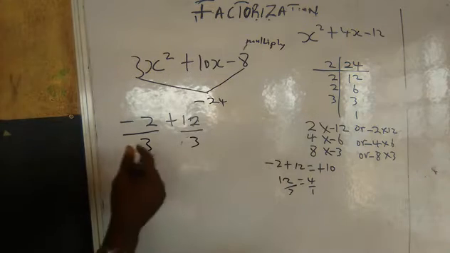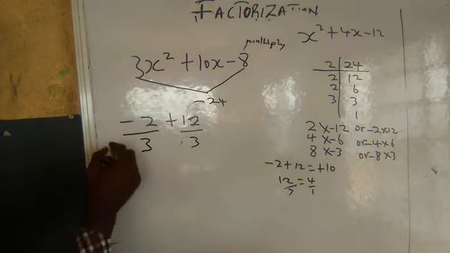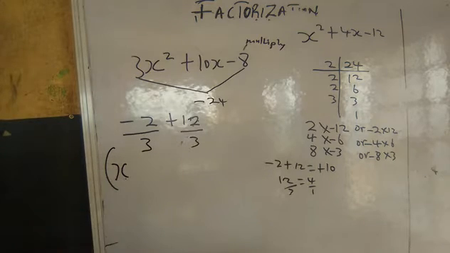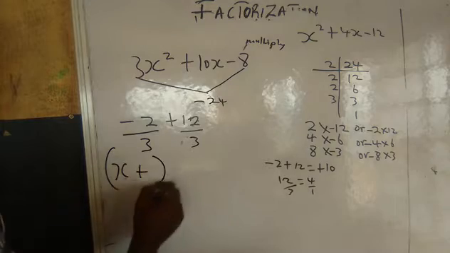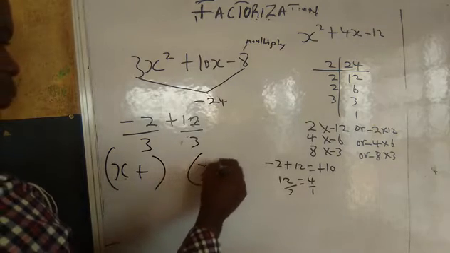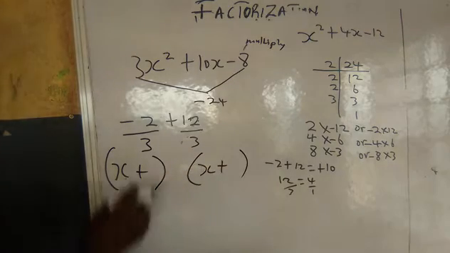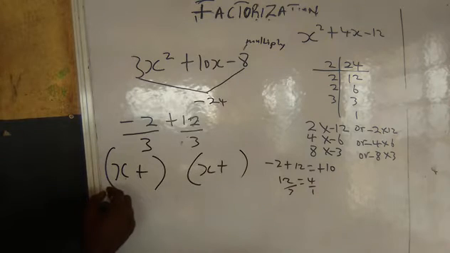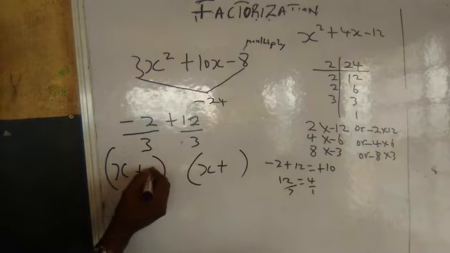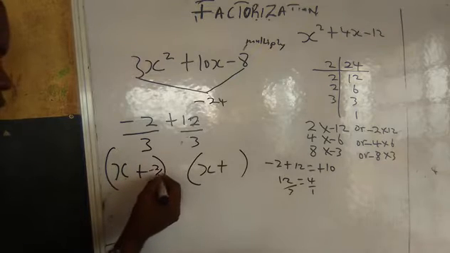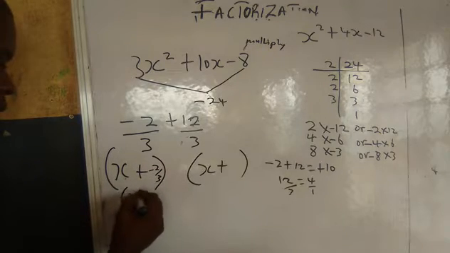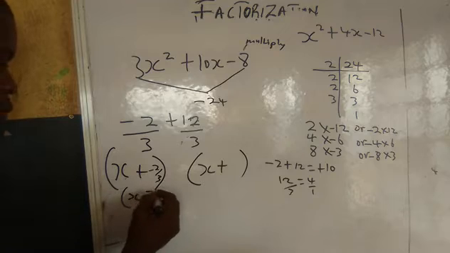So now, what we're going to do is we open our bracket. x plus. For this answer, if I put minus 2 over 3, I'm still going to have x plus minus 2 over 3.